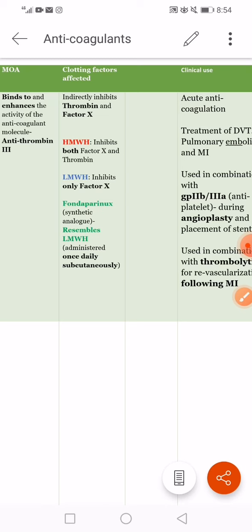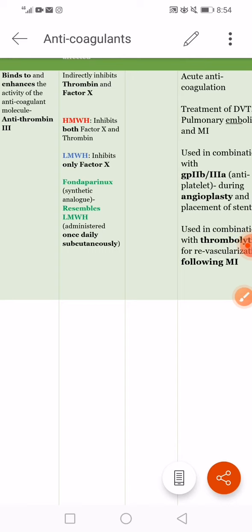And now we have another molecule, which is fondaparinux. I'm not sure if this is the way to pronounce it. This is a synthetic analog, meaning we made it. It was not acquired from a natural source. Now this is a molecule which closely resembles low molecular weight heparin and has similar biochemical properties in that it does have an effect on factor 10 but does not have any effect on thrombin, just like low molecular weight heparin.